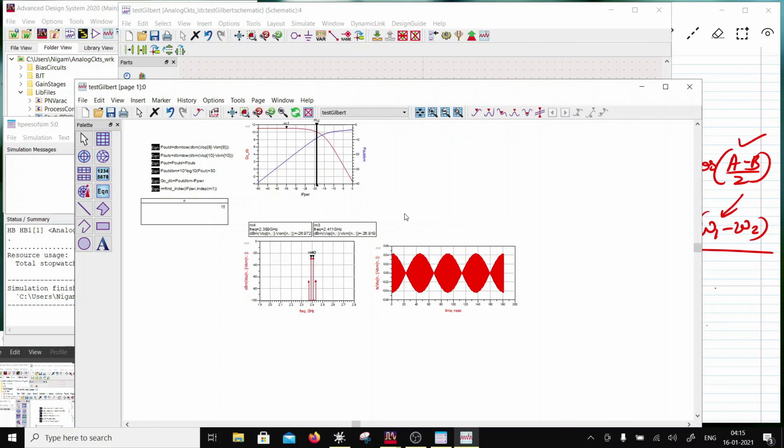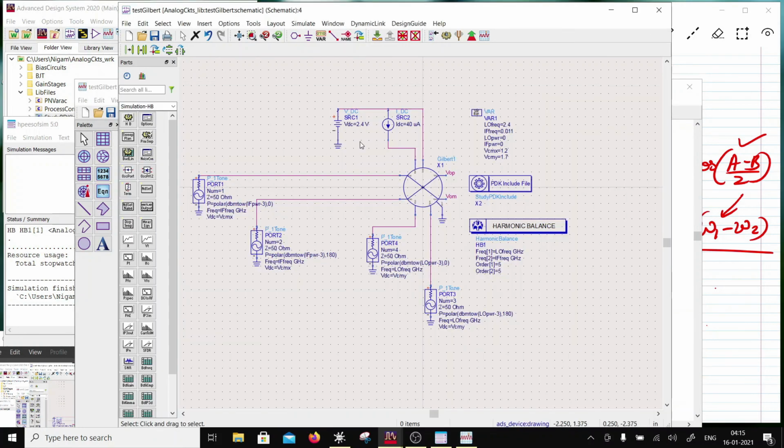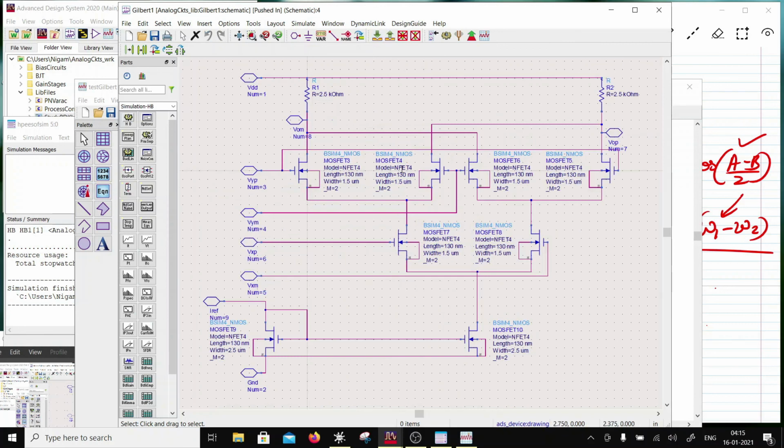So this is a session on Gilbert cell mixer. We have seen conversion gain and all that. Now if you want to increase the conversion gain, you can go ahead and increase these resistor values. So let's say if this is 5 and this is 5.